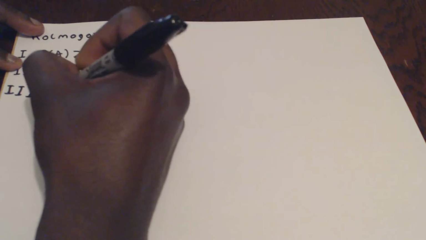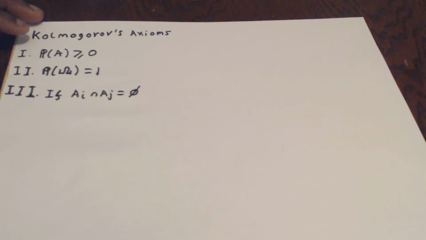And for the last axiom, we say that if A_i intersection A_j is equal to the empty set, which can also be said as pairwise disjoint, which is basically the mutually exclusive way of saying it for sets, instead of probabilities.